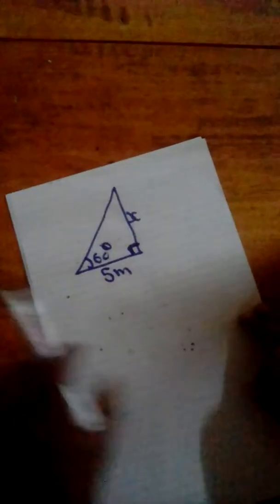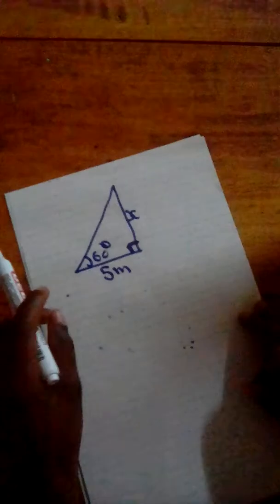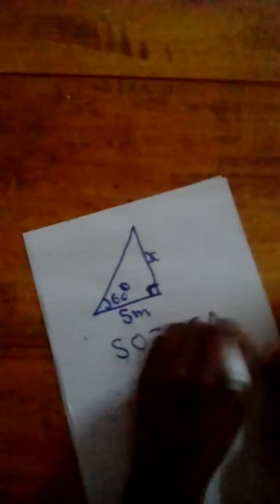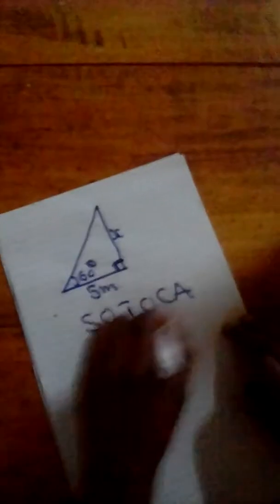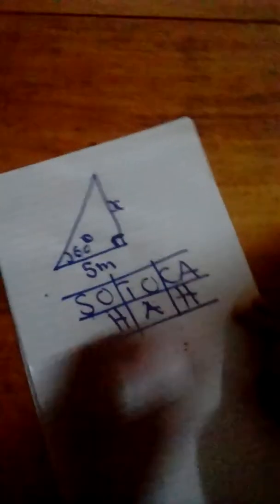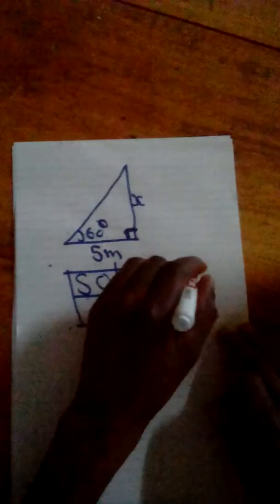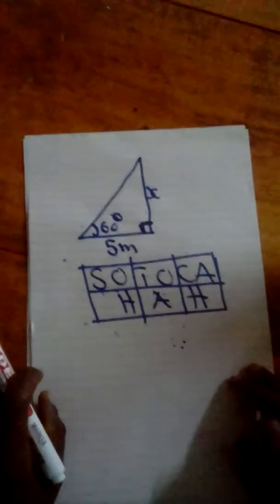So the first thing that you have to think about is the relationship between this side and this angle. If you remember this abbreviation, we normally use it to think about which is the correct trigonometric ratio to be applied to determine height or distance problems.